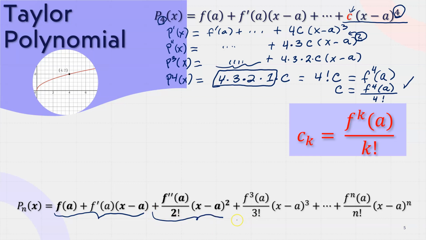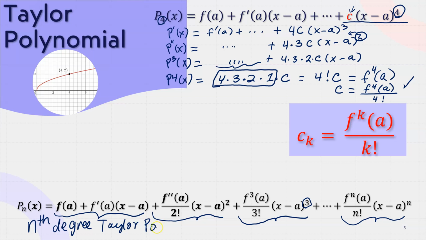And then if we want to add more, we would just be saying the third derivative divided by 3 factorial, times x minus a to the third, all the way up to the nth derivative at a divided by n factorial times x minus a to the nth power. And that is the nth degree Taylor polynomial approximation for a function f of x.